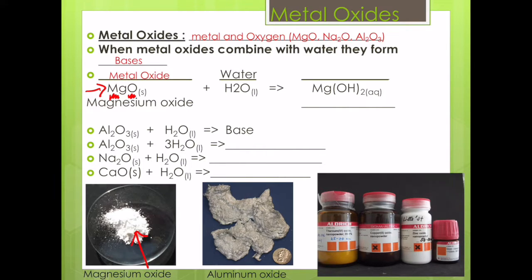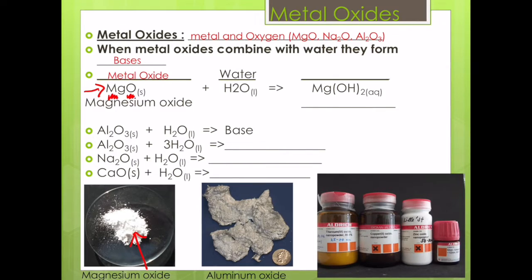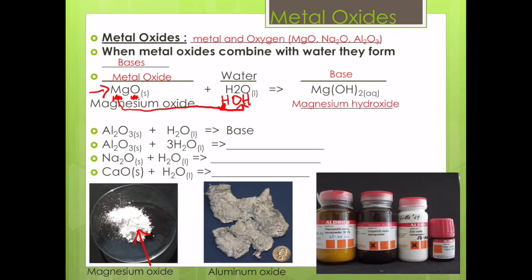You really don't want to put these in water, because when you look at the neutralization reaction, what's going to happen? If I write water this way, you're thinking, oh, okay, what's magnesium going to do? It's going to take hydrogen's position. It's going to sneak in there. What's going to happen is you get magnesium hydroxide, which is a strong base.